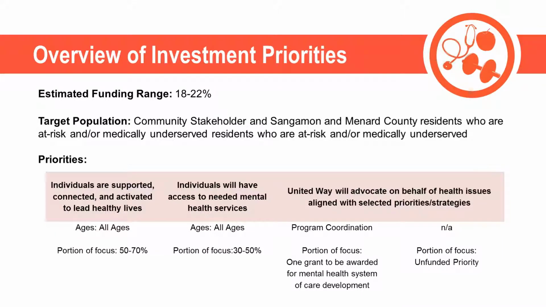So we're going to do a little bit of an overview of the investment area. It is estimated that the funding provided to this issue area will be 18 to 22% of what is allocable. Now, one caveat to this is that we have introduced, as you know, a cross-issue area grant opportunity. This opportunity does not have a minimum or a maximum level. So that means that the volunteers will first be considering the cross-issue area grants.